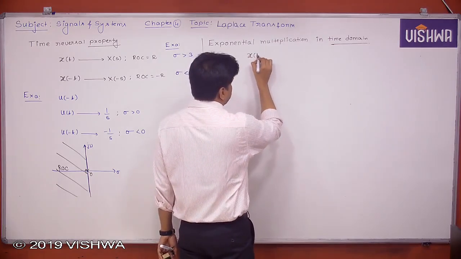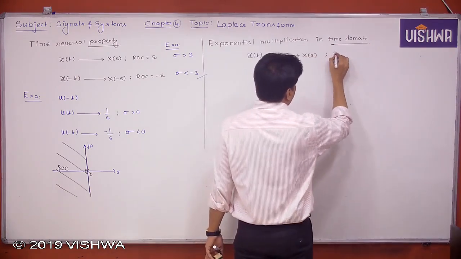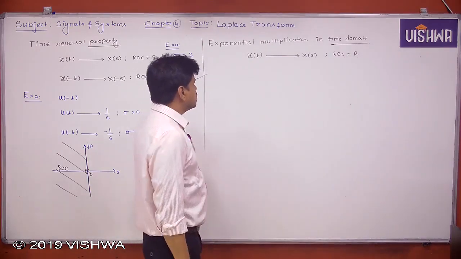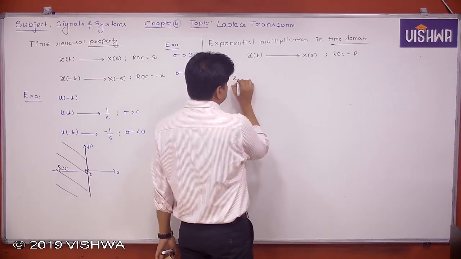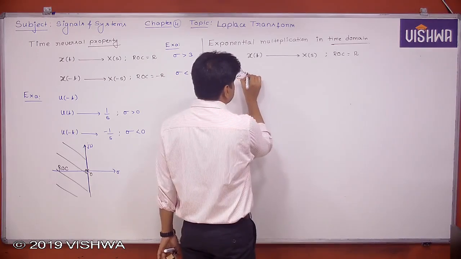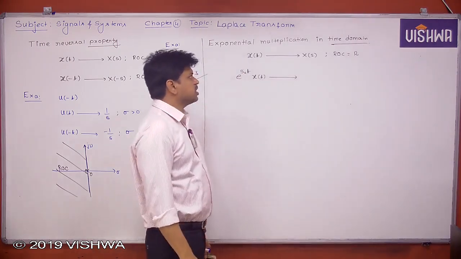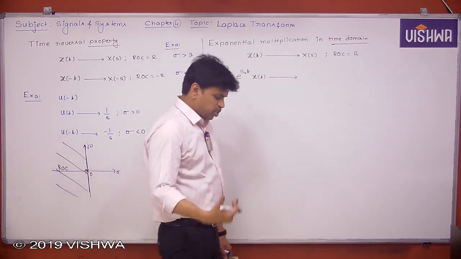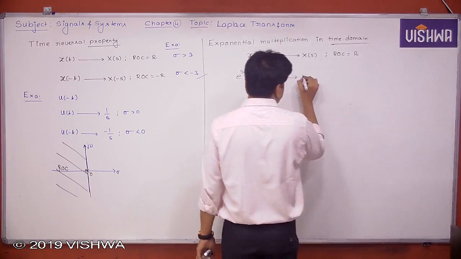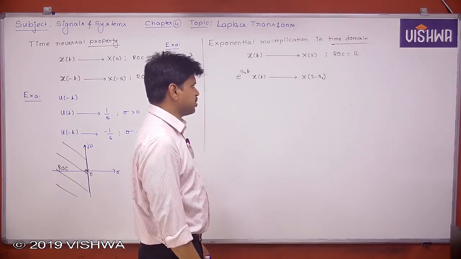If a signal x of t has Laplace transform x of s with ROC equal to R, and this signal x of t is multiplied with the exponential e power s naught t, then, as in the Fourier transform, where exponential multiplication leads to shifting, here we get x of s minus s naught. Wherever s is there, that has to be replaced with s minus s naught.